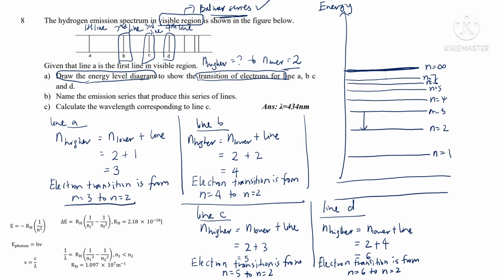So this electron transition will give line A. Line B corresponds to the electron transition from n4 to n2, so n4 to n2 gives line B. Line C corresponds to the electron transition from n5 to n2, so n5 to n2 produces line C. Line D corresponds to the electron transition from n6 to n2, so n6 to n2 gives line D. So this is how we draw the energy level diagram to show the electron transitions for lines A, B, C, and D. The emission series that produces these lines is the Balmer series because it occurs in the visible light region.